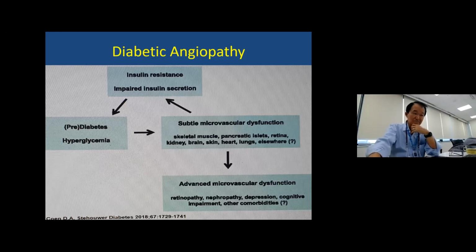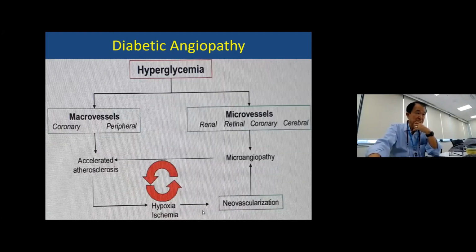But this occurs in every tissue, particularly the retina, and when advanced, it makes retinopathy and nephropathy, and even brain depression and cognitive impairment, etc. So in hyperglycemia, you expect microvascular disease, particularly in brain, heart, eye, and kidneys. These are all due to microangiopathy. That's a serious complication. Diabetes itself is not the problem, but this complication kills the patient.